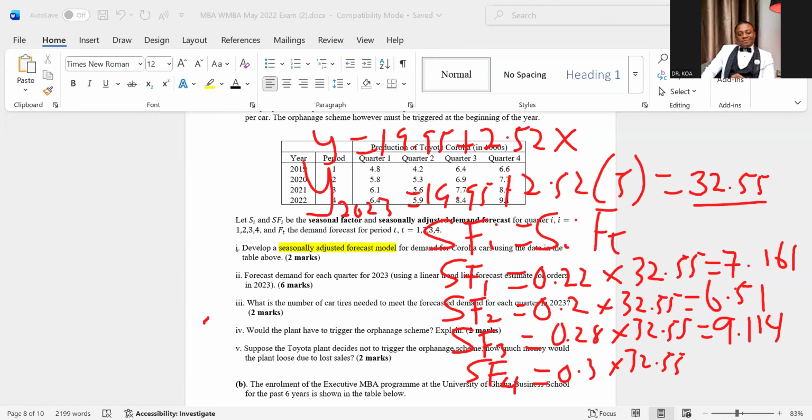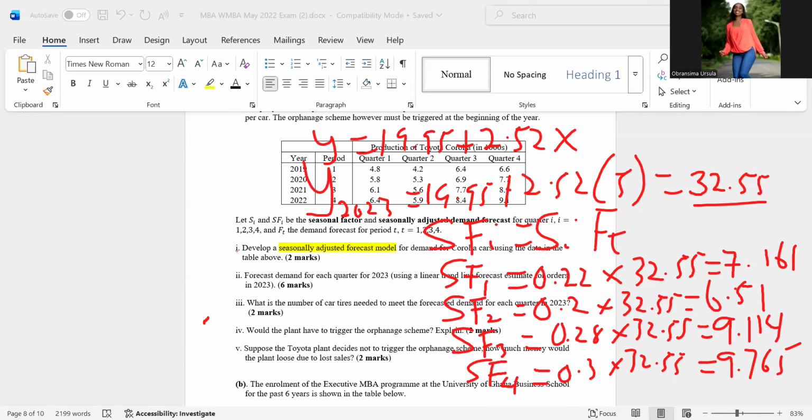Remember, you need to know this yearly one before you multiply it by the seasonal factors to get the seasonally adjusted forecast. What do you get for this? 9.765. Good. So these are the quarterly demand. By the time you get here, you've gotten 6 marks into the basket.